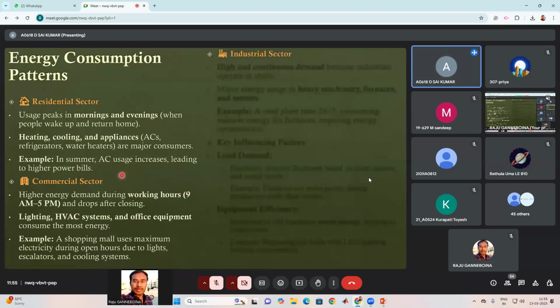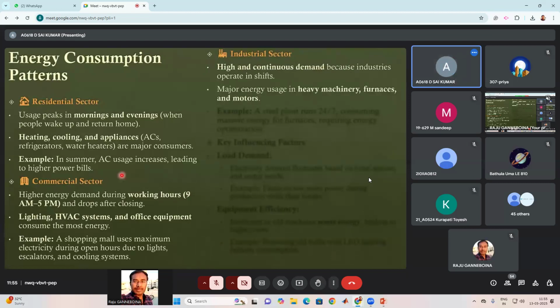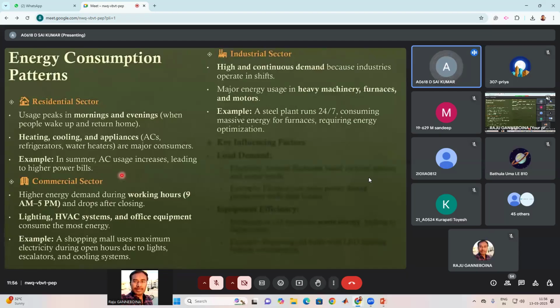The next sector is the industrial sector, where high and continuous energy demand is seen because industries operate in shifts. Major energy usage is in heavy machinery, furnaces and motors. For example, a steel plant runs 24/7, consuming massive energy for furnaces, requiring energy optimization.